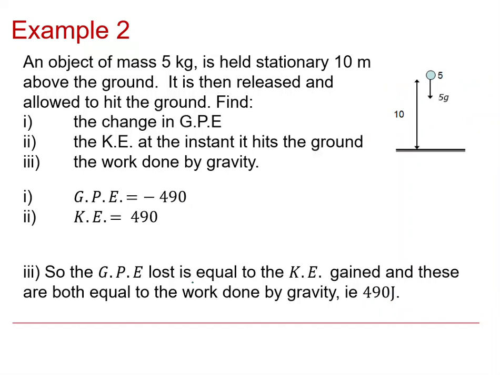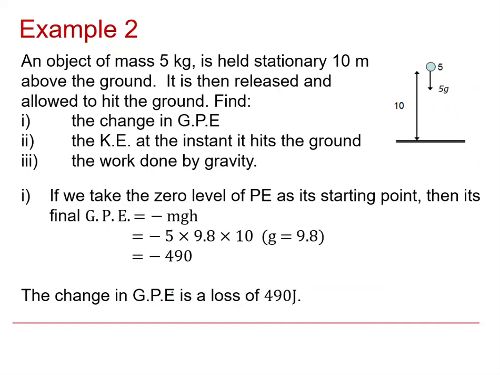So finally, the gravitational potential lost is equal to the kinetic energy gained. Our numbers show that, and these are both equal to the work done by gravity, because if we said what's the work done by gravity, it's the force, 5g, times the height, that's 10, which is exactly the calculation we did to get the 490.